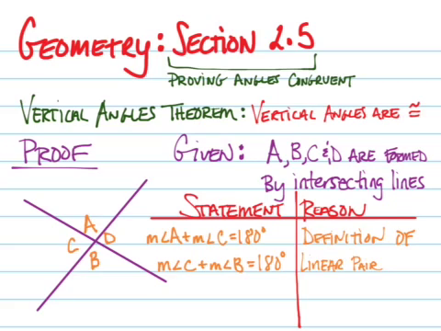All right, well, I can conclude something using that information. I know that measure of angle A plus measure of angle C equals measure of angle B plus measure of angle C. What property of equality am I using to make that statement? Alex? I could talk about it as, did I say transitive here? Not quite transitive.